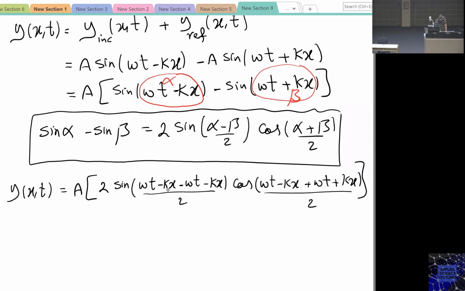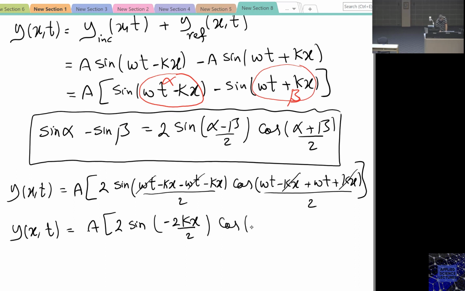Then omega t is going to cancel. Okay, x also is going to cancel, so I have y of x, t equals A times 2 sine of minus 2 kx over 2, cosine of 2 omega t over 2.